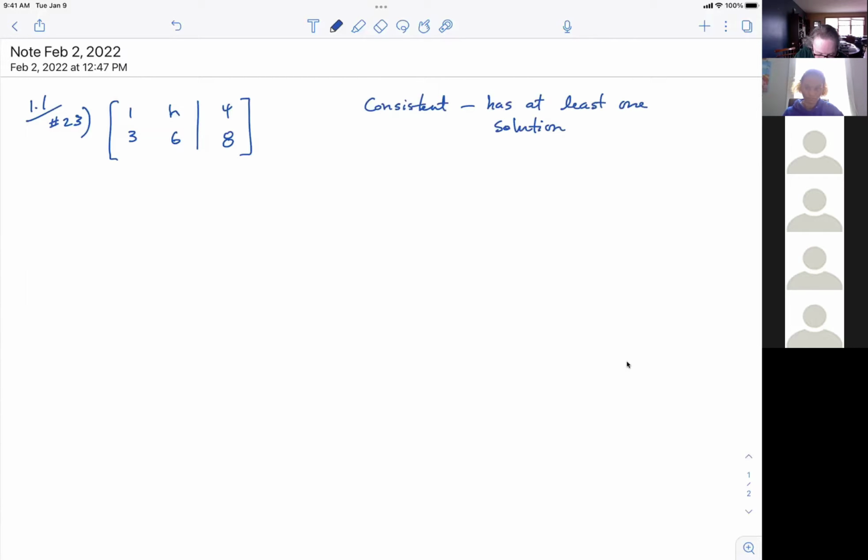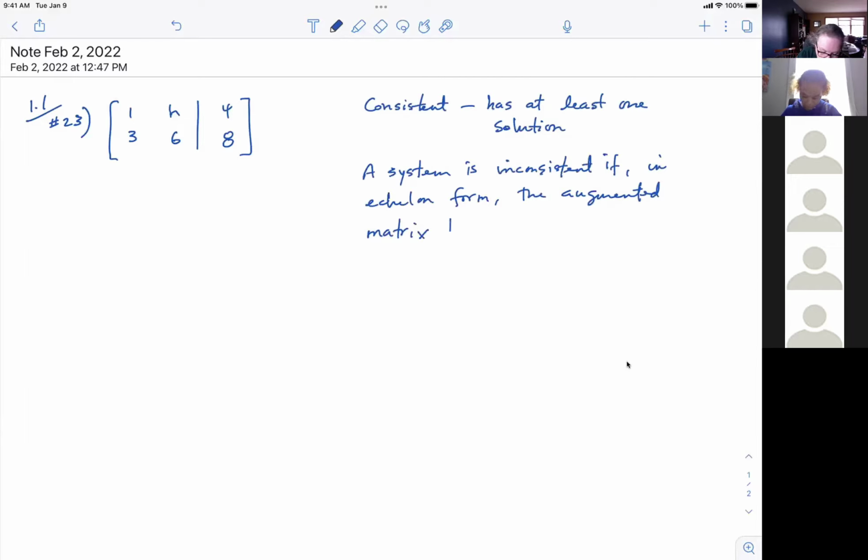So we know that a system is inconsistent if, in echelon form, the augmented matrix has a row of the form.